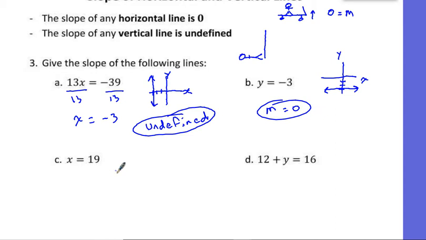x equals 19 is a line that has already isolated the variable, so we know x equals 19 is vertical, just like example A, and therefore the slope is undefined.